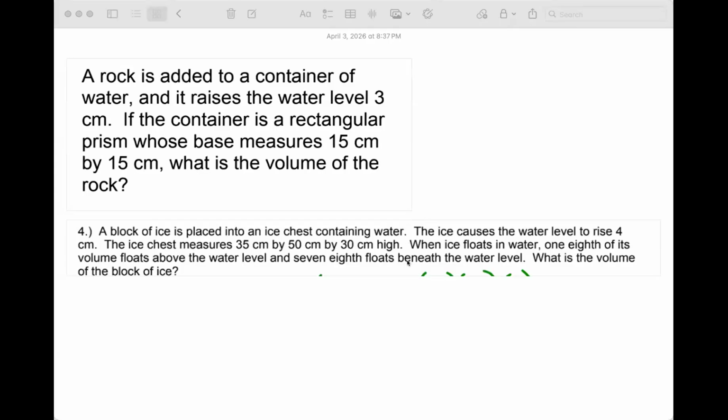Miss Priya, for the first one, it doesn't tell us the height, right? It just says the base measures 15 by 15. Let me see.